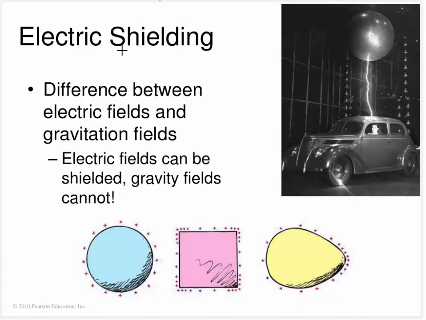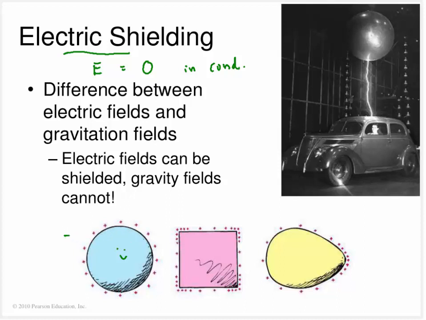Now, one thing I want to talk about that's interesting has to do with electric fields inside of conductors. Inside of a conductor, the electric field has got to be 0. If we were to have a conductor, say this one right here, the charges are going to slosh around such that the electric field is 0.